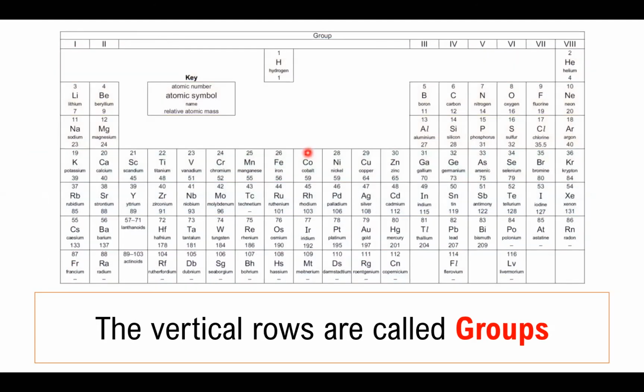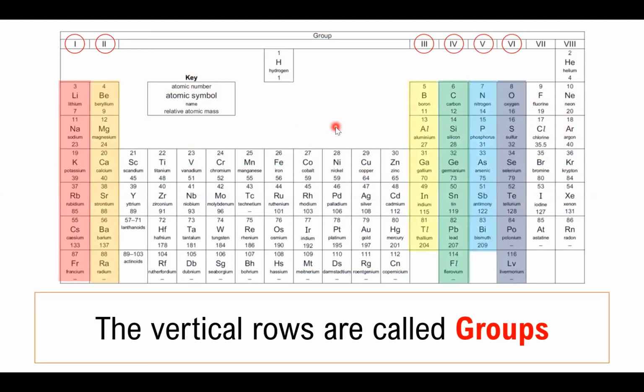The vertical columns of the periodic table are called groups. So this is group 1, this is group 2, this is group 3, 4, 5, 6, 7, and 8. For example, carbon is in group 4, whereas here an element called sodium is in group 1.